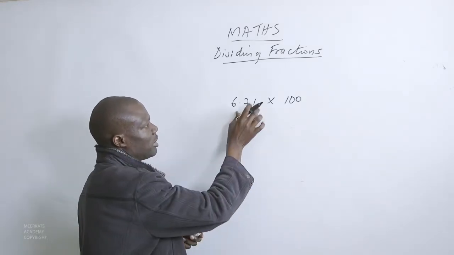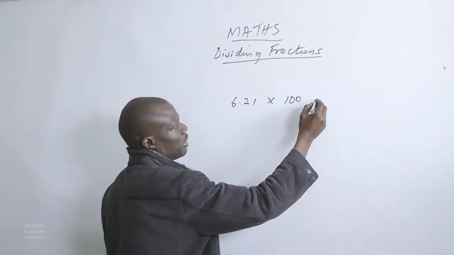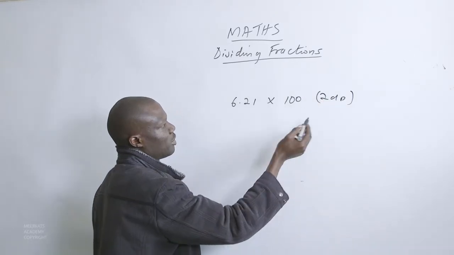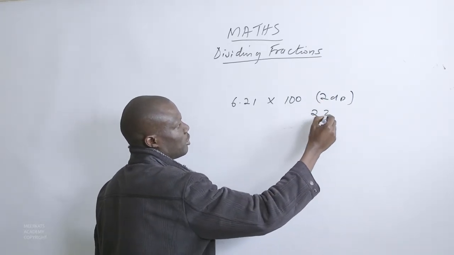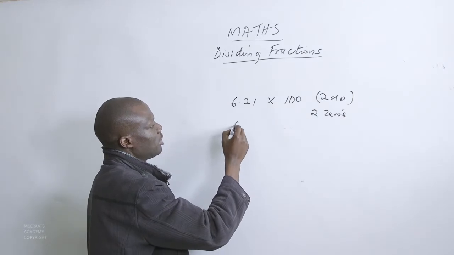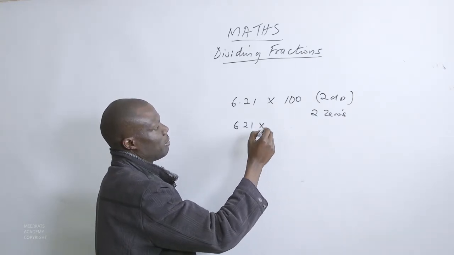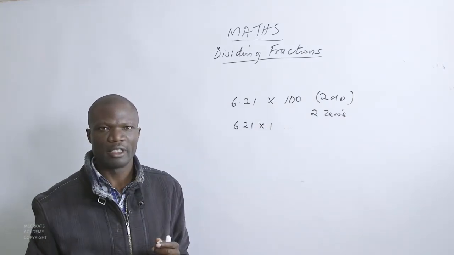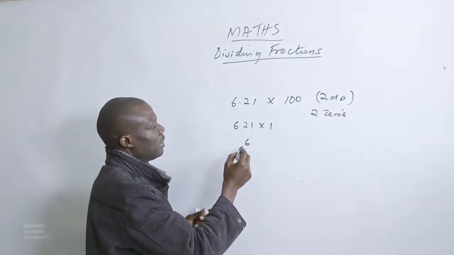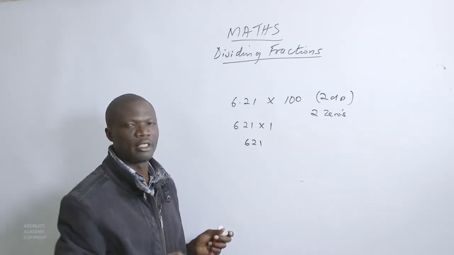We are going to assume the decimal. We already know there are 2 decimal places we are having in mind. We assume the zeros, that is the 2 zeros. So what we shall multiply here is 621 multiplied by 1. And when you do that, you'll find that you get 621.